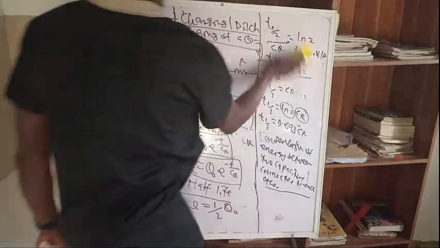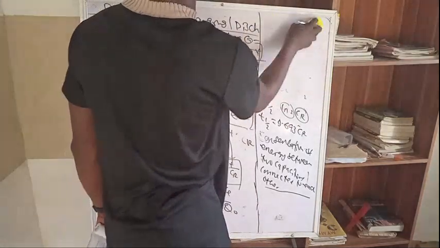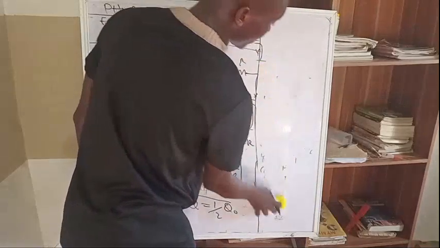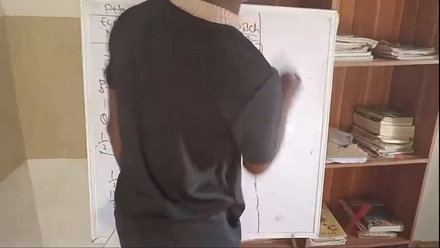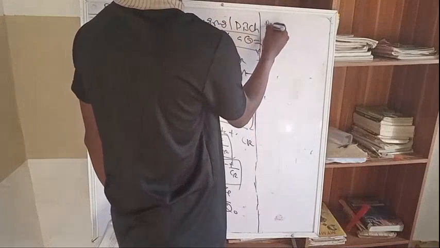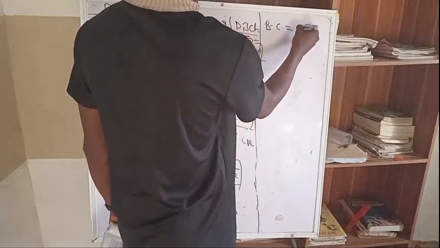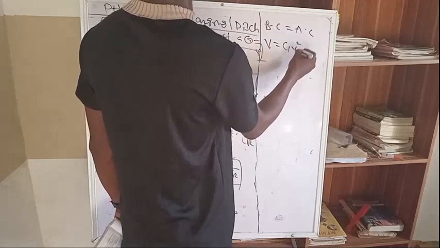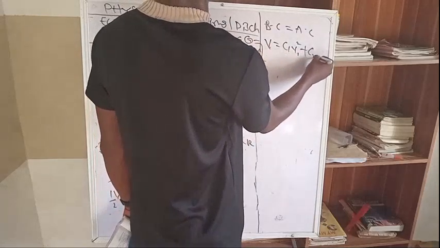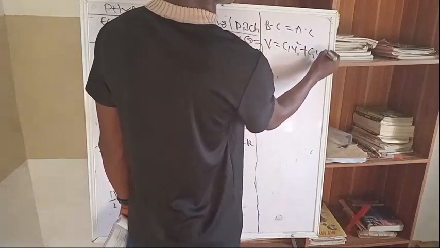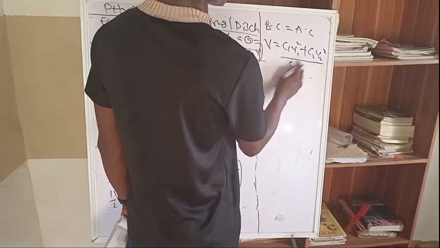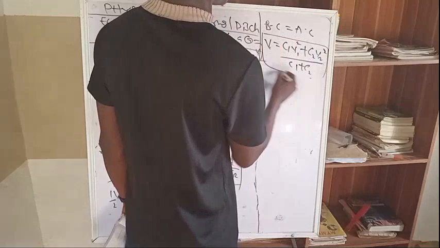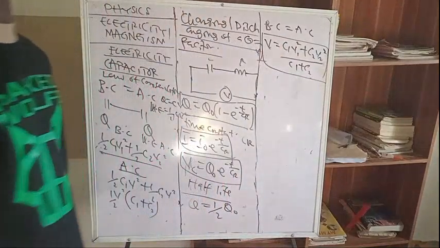So let me write it out. If you equate before connection to after connection, kinetic energy before connection is equal to kinetic energy after connection. We have our common denominator, C1 plus C2, and this is what we're going to have at the end of the day for the common potential.